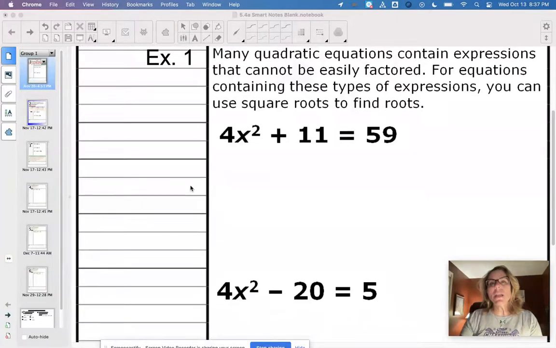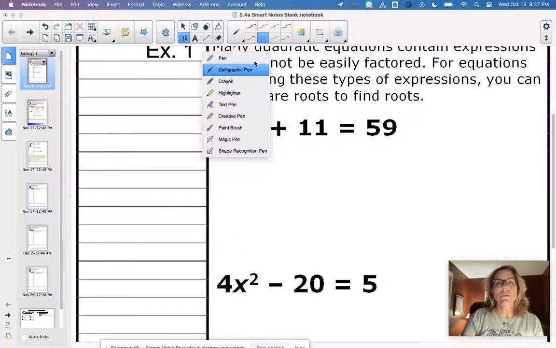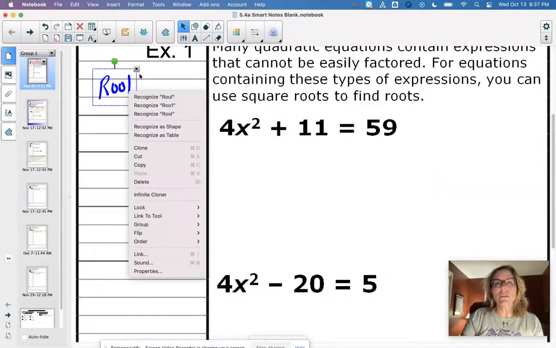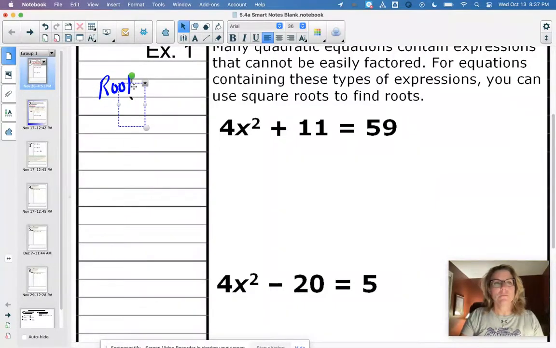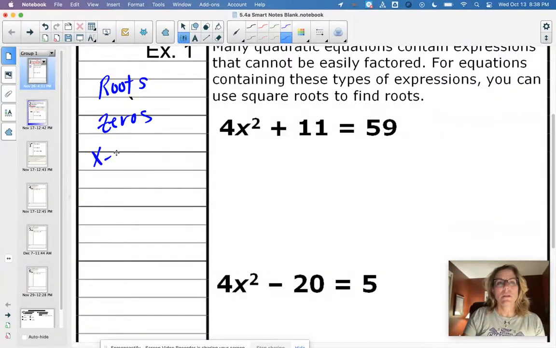So this is just another method that we're going to use to find roots, zeros, and x-intercepts.